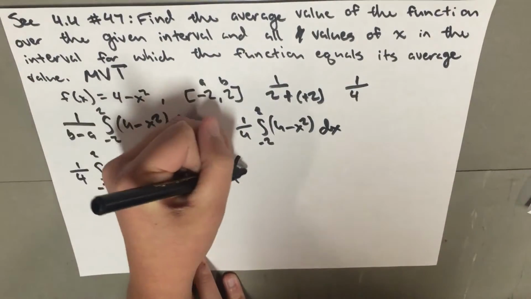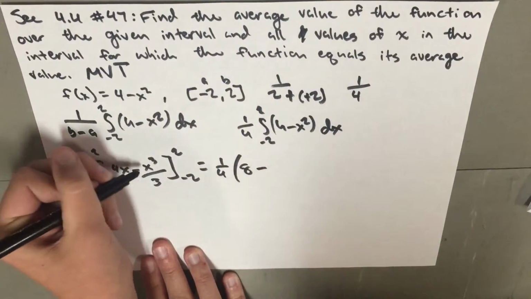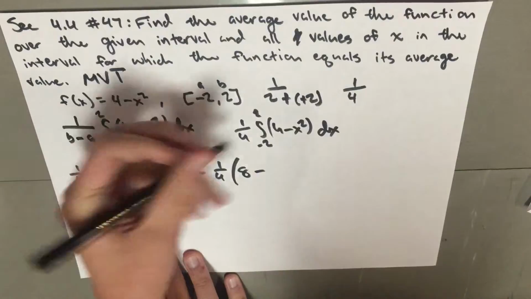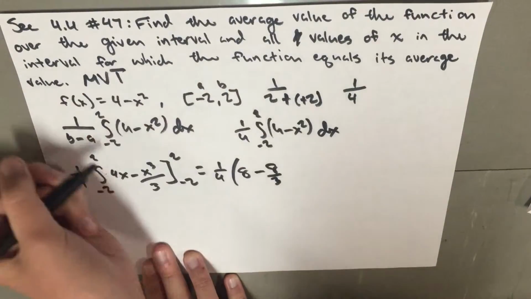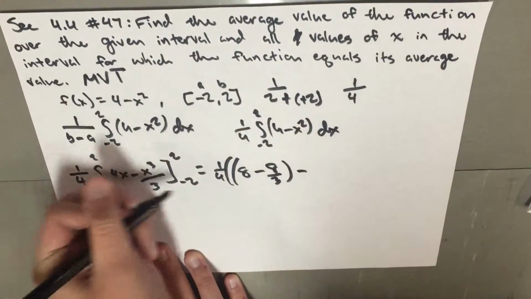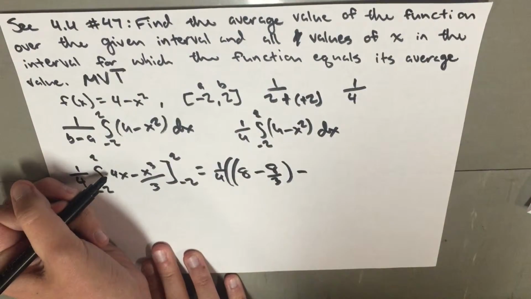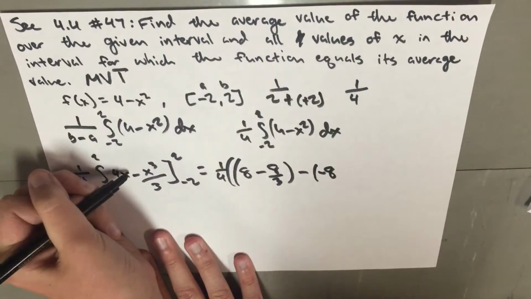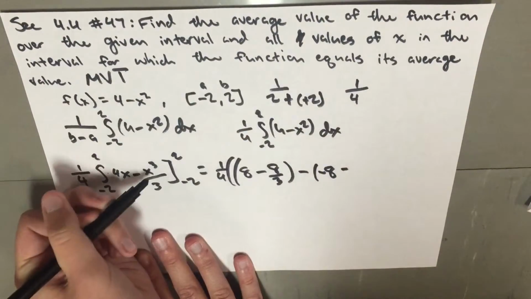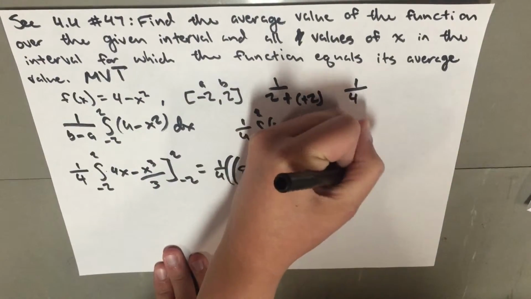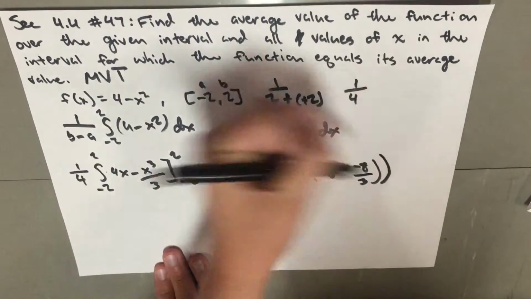4 times 2 is 8, minus 2 cubed is also 8 over 3, so 8 minus 8/3. And so then we're going to subtract that from evaluating it at -2. 4 times -2 is -8, minus the -2 cubed is -8 over 3, so 8 minus -8 over 3.